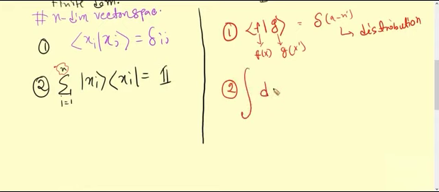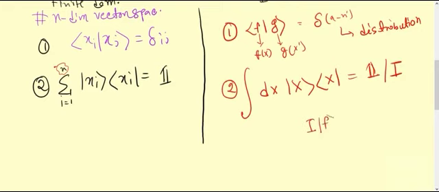So let's write this dx over here, and this will be our identity. Notice that this is not a matrix. So in case you get confused, just write it as I or 1. And this is the counterpart of the completeness relation. But it's good practice to always write it as capital I. So this is an identity. For example, this identity times a function like this is just the function itself.